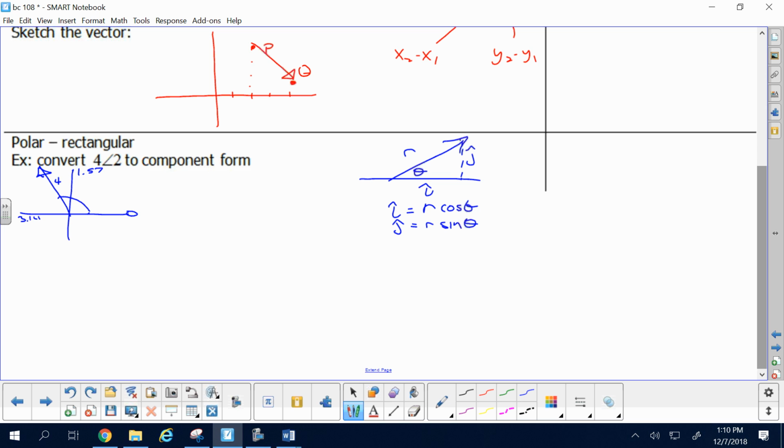Okay? At any rate, you don't need to draw it, just to get you thinking here. How do you put this into component form? What's the horizontal component? 4 times cosine of 2 radians, and the vertical, 4 times sine of 2 radians, whatever those are. You with me? Questions? Okay, so far so good.